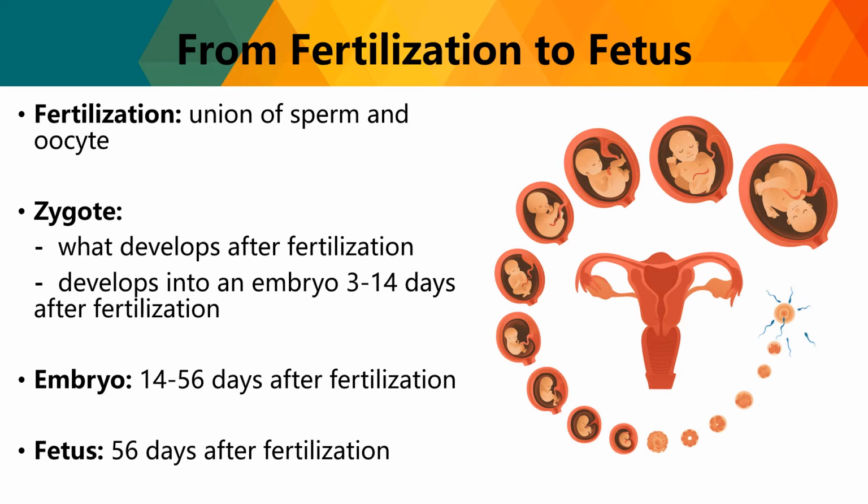The zygote is what develops after fertilization happens. It develops into an embryo 3 to 14 days after fertilization. The embryo stage is around 14 to 56 days after fertilization, and you would call it a fetus after 56 days from fertilization.